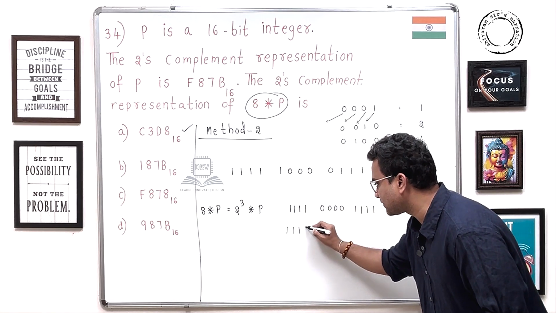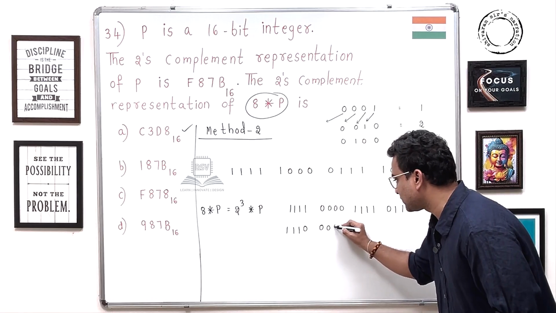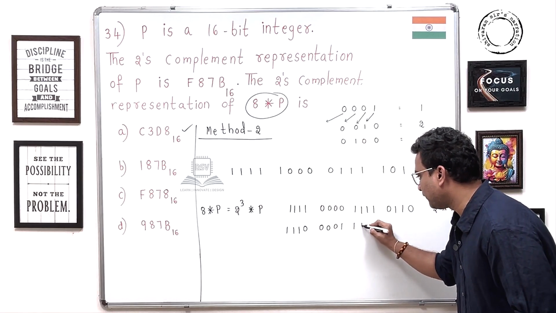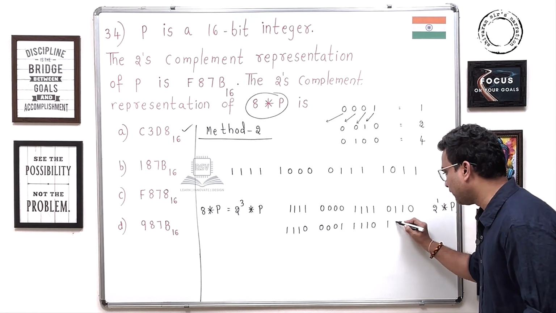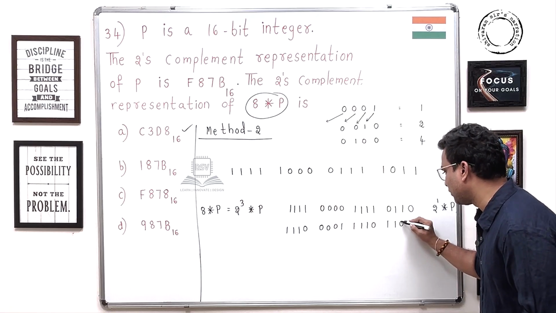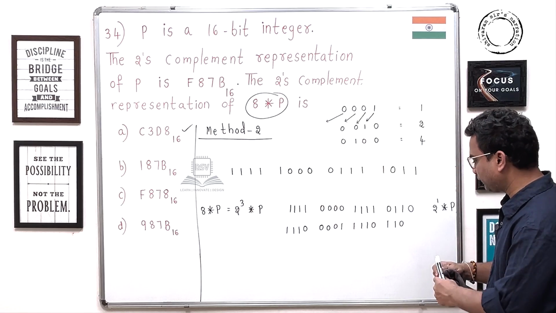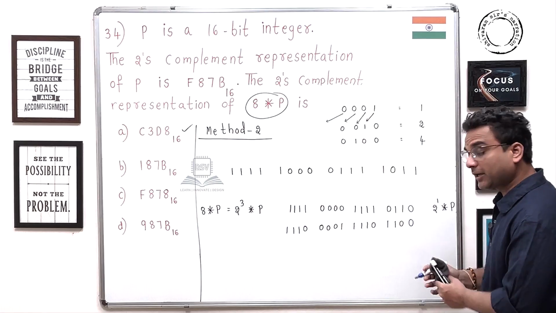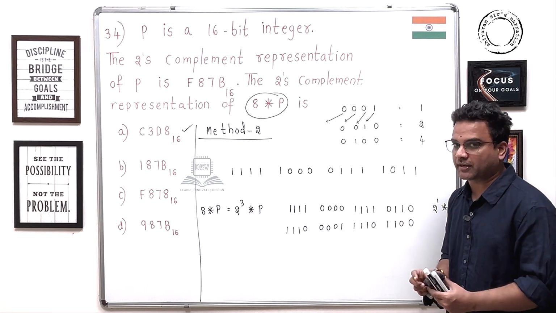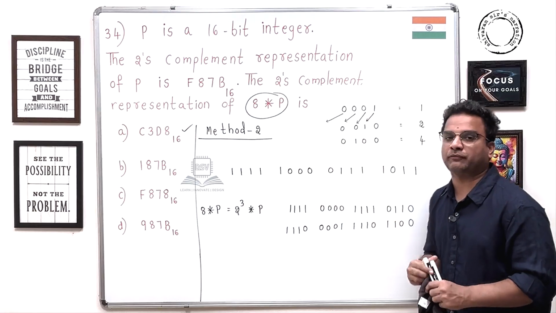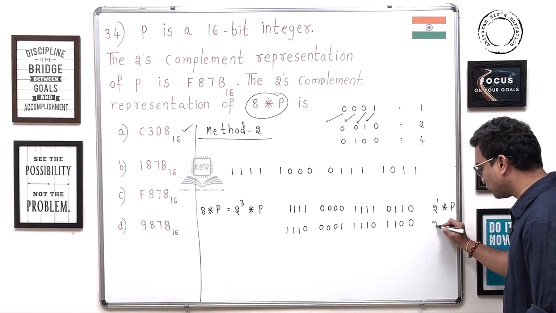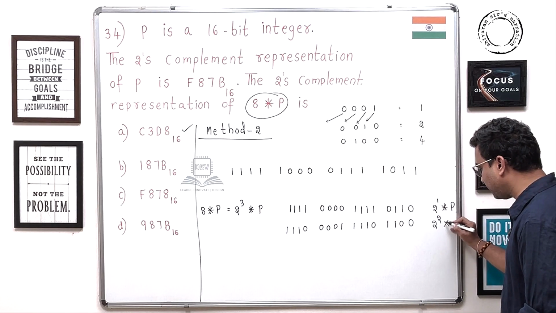Here 1110 0001 1110 110. Again one more fresh 0 will be added. It is equal to 2 power 2, because till now shift left has been done 2 times, so it is 2 power 2 into P.